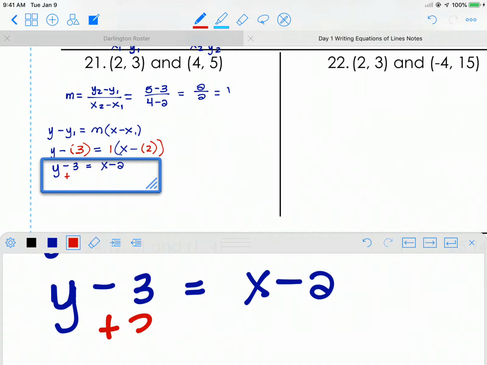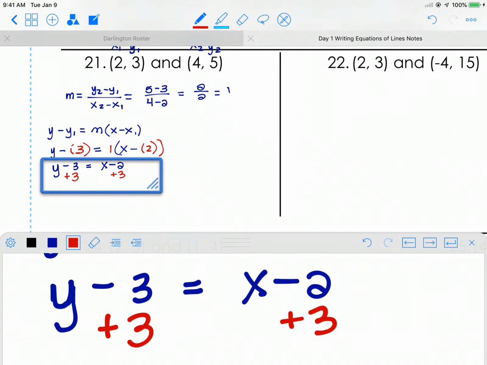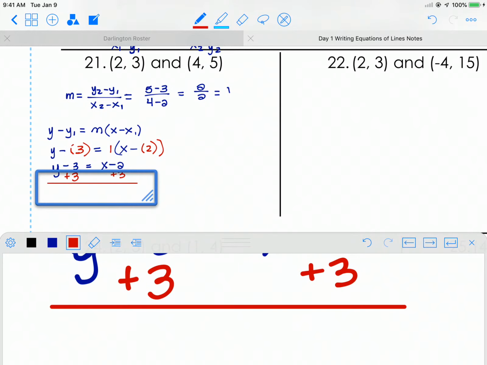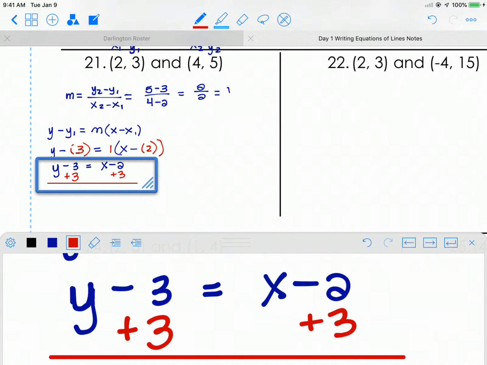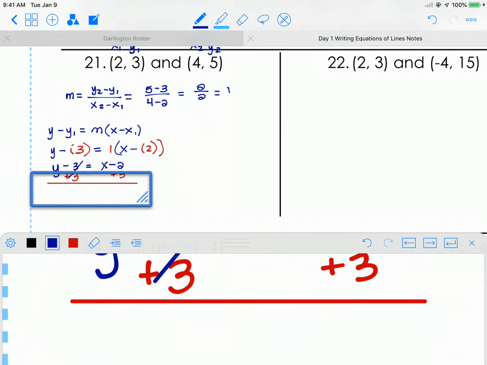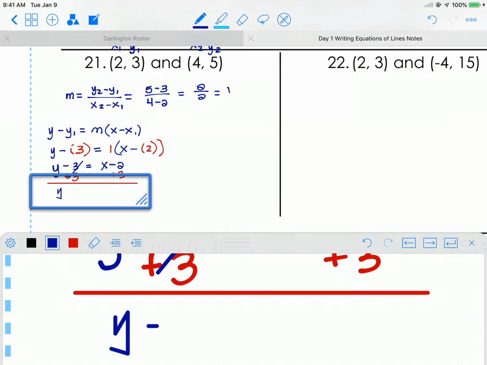I'm going to add 3 to both sides, which cancels the 3 on the left and gives us y equals x plus 1.